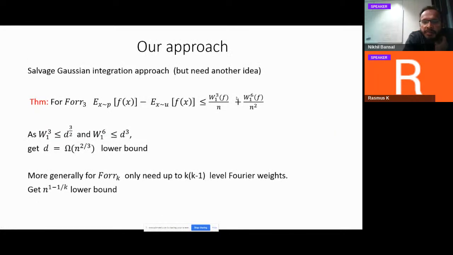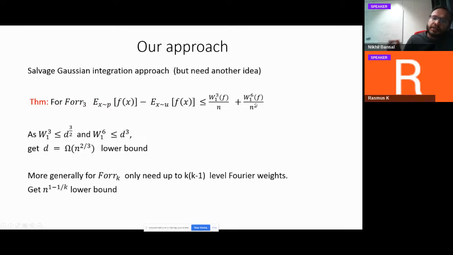Maybe just one line on what we do. We have a way to extend this Gaussian interpolation approach, and for the correlation 3 function, we can prove the following bound: between these two distributions, the gap of f is like the Fourier weight of degree 3 monomials over n, plus the Fourier weight of degree 6 monomials over n squared.